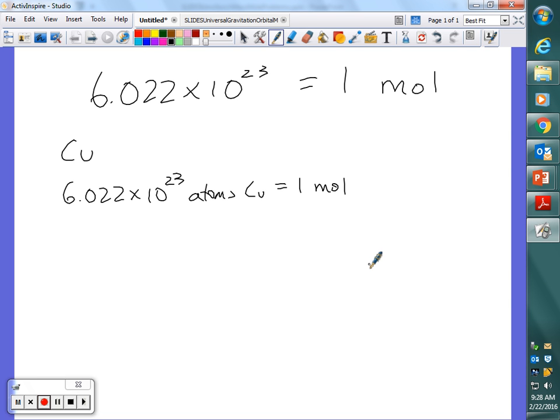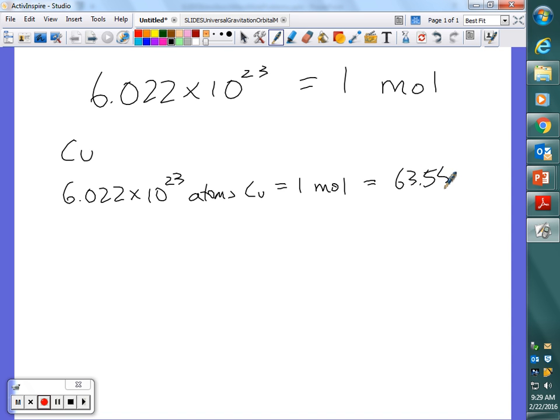But for elements, that also led us to something else specific. Do we remember what else it led us to? Their molar mass, right? But, Sammy, their molar mass numerically is equal to what? Their atomic mass. Do you have a periodic table in front of you? Somebody find copper on the periodic table and tell me what the molar mass of copper is.